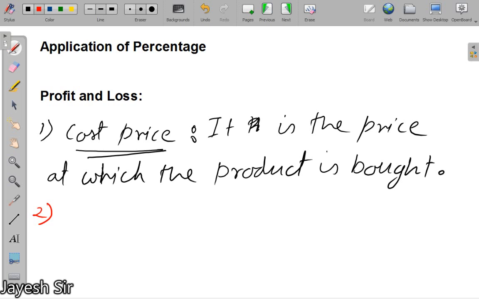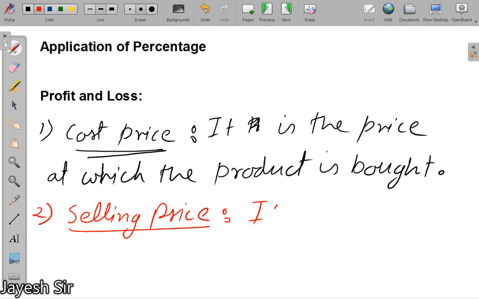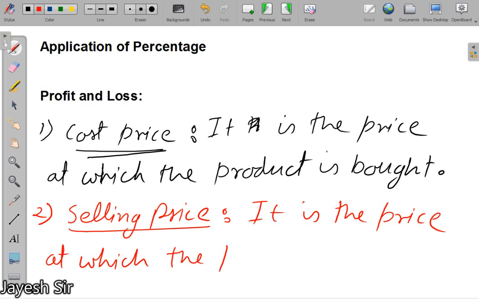Second, let us talk about selling price. It is the price at which the product is sold. Okay, quite easy.